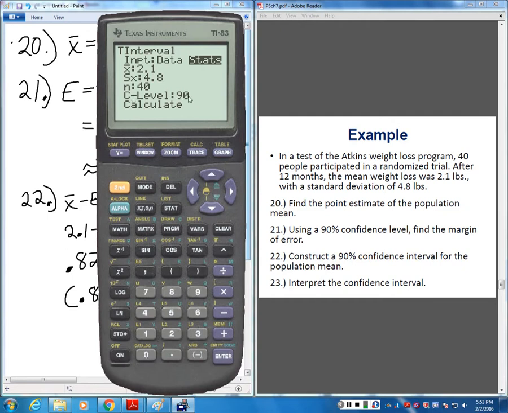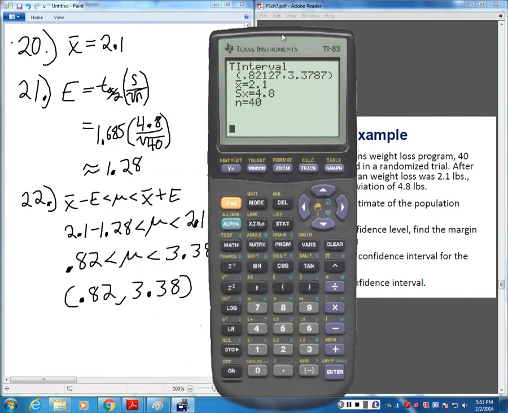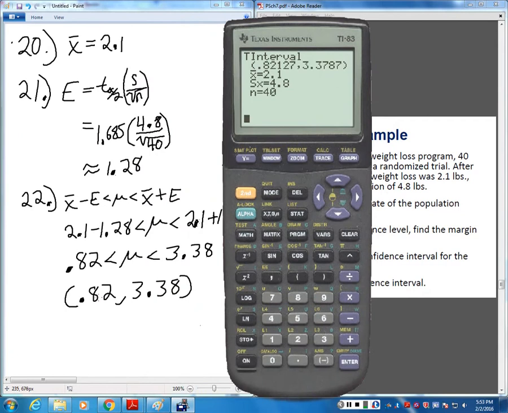And C level is the confidence level, which is 90%. Now, I go to calculate, press enter, and I get my answer. If I compare that to the answer I got earlier, I'll find they are the same thing when rounded to 2 decimal places. 0.82 to 3.38.